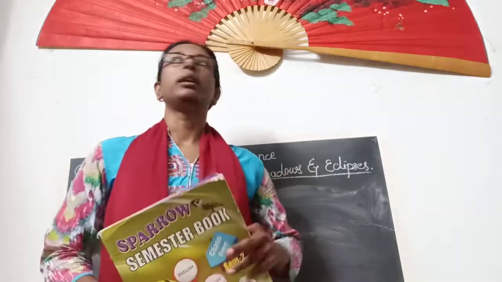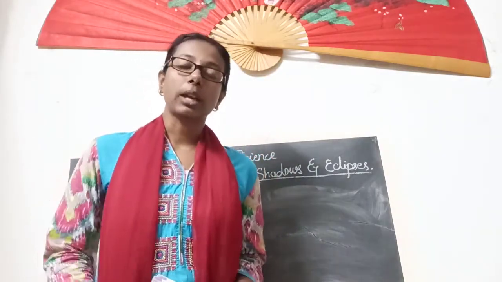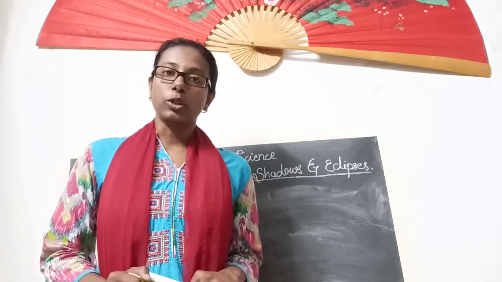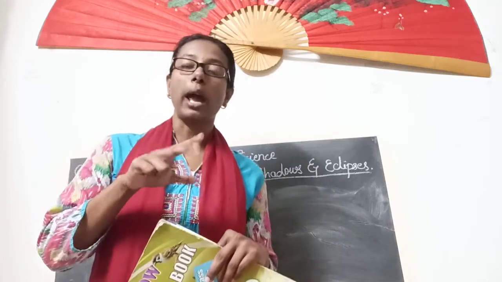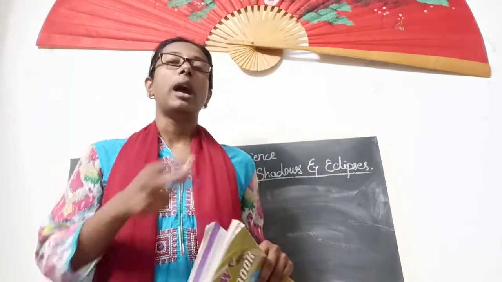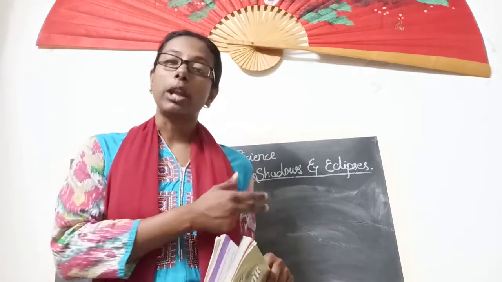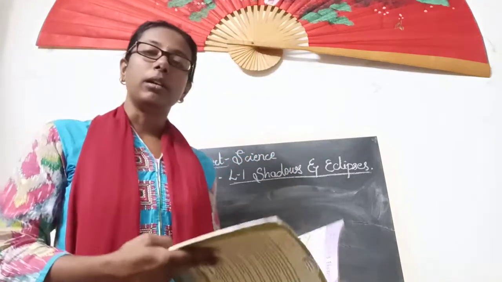Whenever the power goes off and you light a candle, what do you do at home? Yes, you make some shapes with your hand or your body or any of the objects on the wall, and you try to cast a shadow on the wall, correct? Yes, the same thing here.